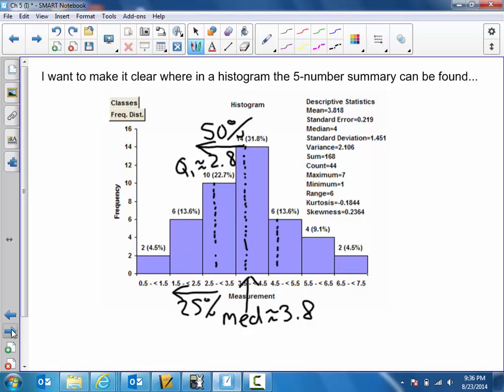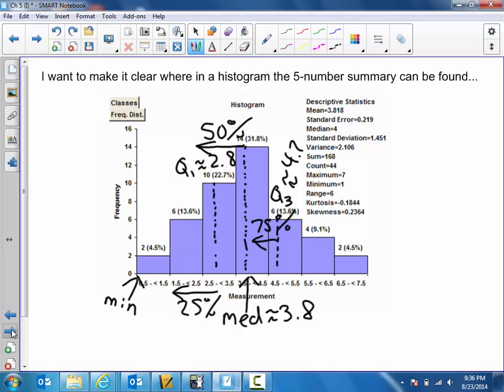Quartile 3 looks to be at about 4.7 or so. We're running out of room here, and that's where 75% of the data is less than that point. You've got the min over here approximately at 0.5. We don't know that the minimum data value is at 0.5.